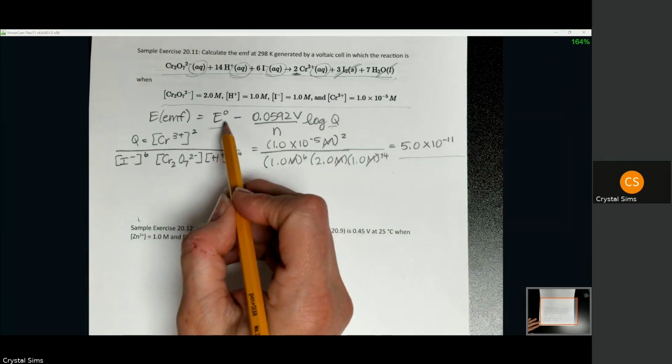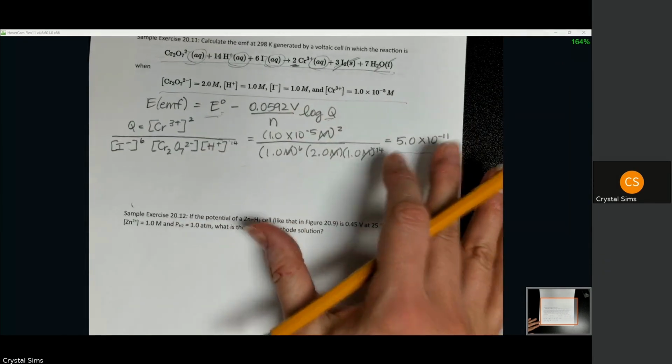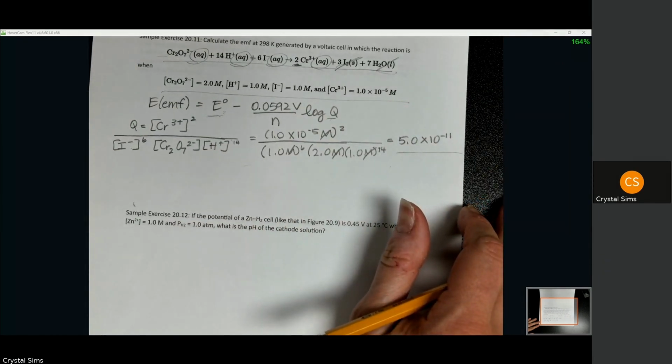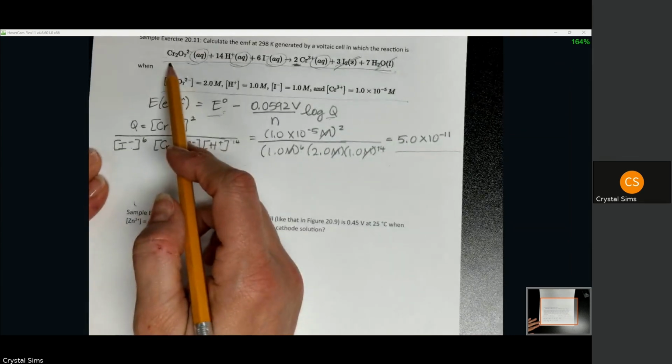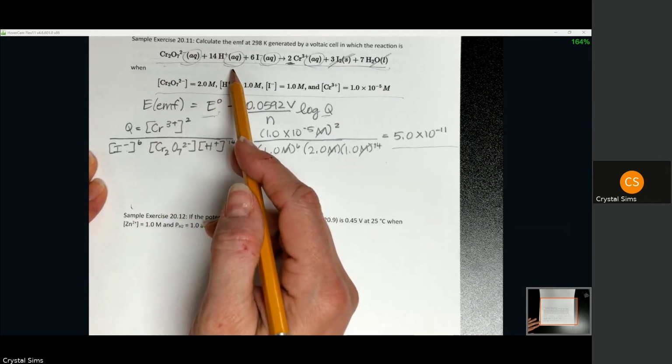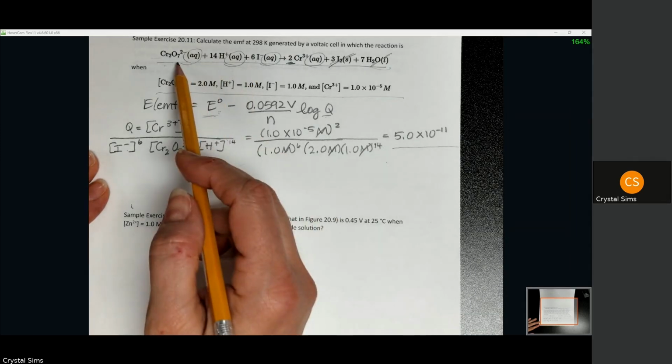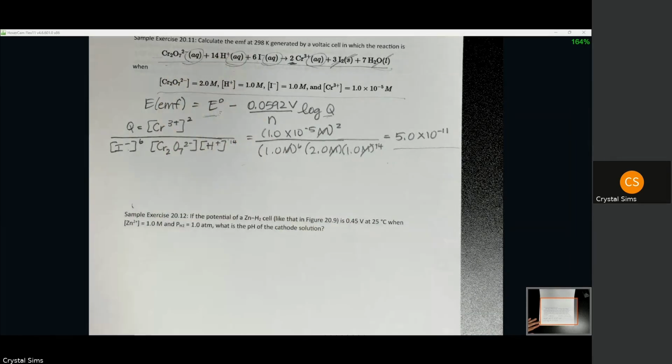I need to figure out my standard cell potential there, or my standard potential. So this is reduction minus oxidation. So I need to look up here and figure out which one is reduced and which one is oxidized. Well, this is the same one that we did all the way back in 20.4.